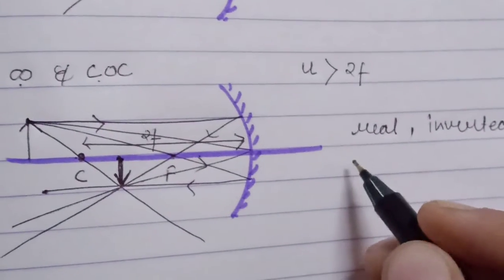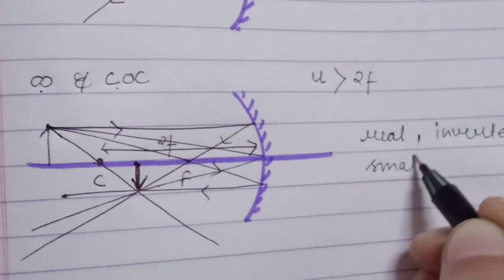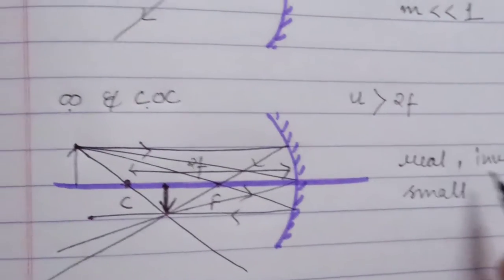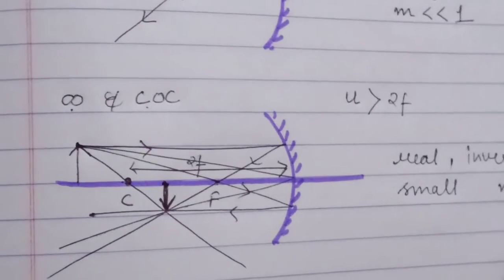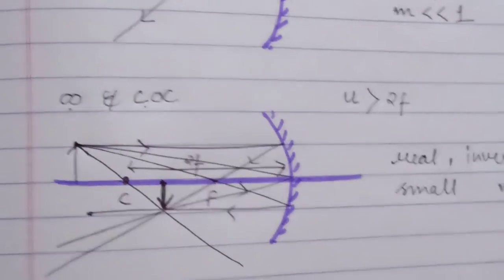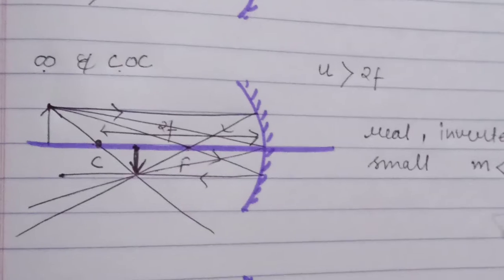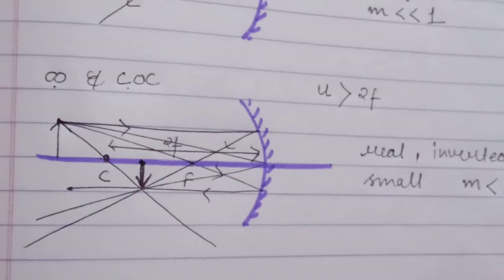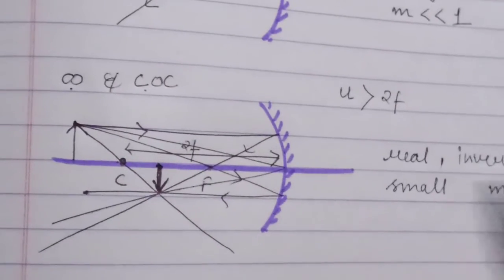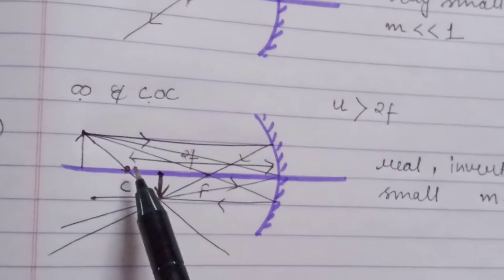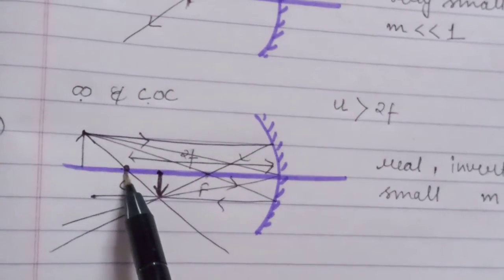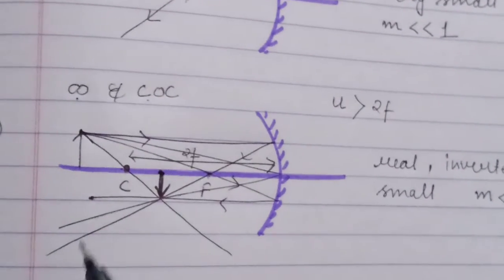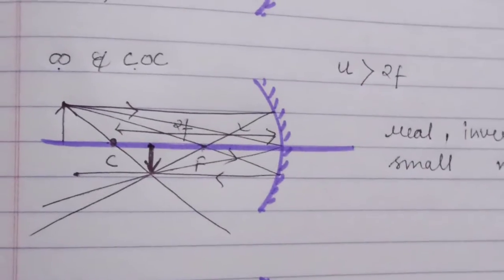The size of the image is small, and the magnification is less than 1. Okay, hope you understand how to form the image. And yeah, the image is formed between focus and center of curvature if the object is placed between infinity and center of curvature. Okay, so come to the next point.